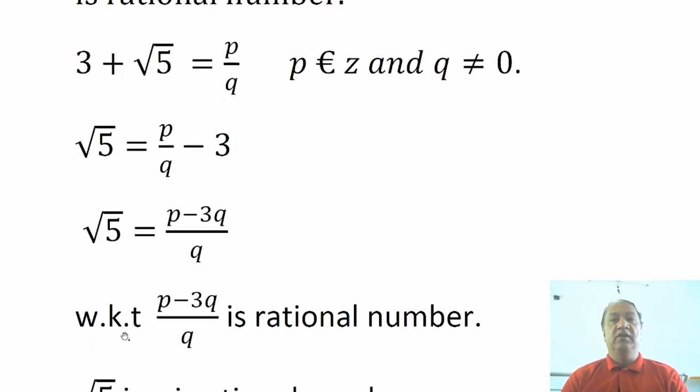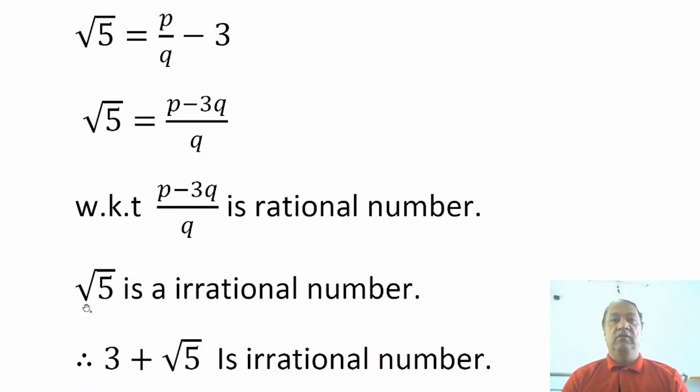So we know that p minus 3q by q is a rational number because it is in the form of p by q. But root 5 is an irrational number, therefore 3 plus root 5 is an irrational number. This is the solution for our question.